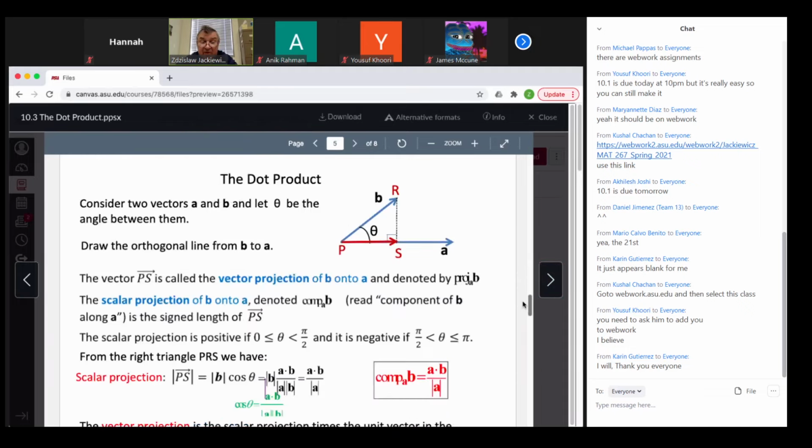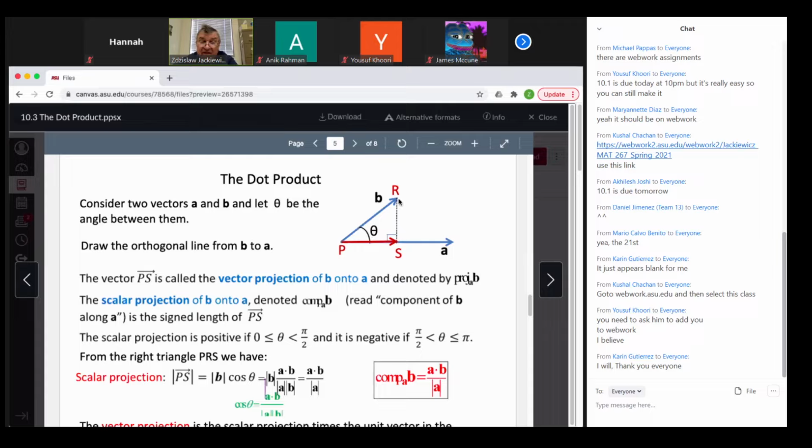So now there are important formulas on this slide. You'll have to use those formulas in your web work and so on. So here, look at the picture. You have two vectors, A and B, and the angle between them is theta. Now let's project this vector.